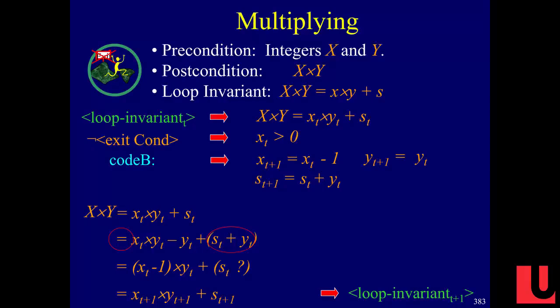Now, if you want to go back to an old page and ask how we establish the loop invariant, the way we establish it is we set little x to capital X, little y to capital Y, and little s to 0. That's how we establish the loop invariant. Where did this relationship come from?